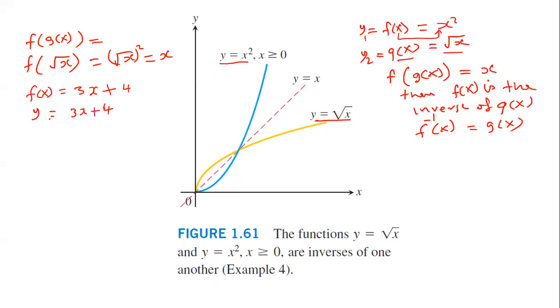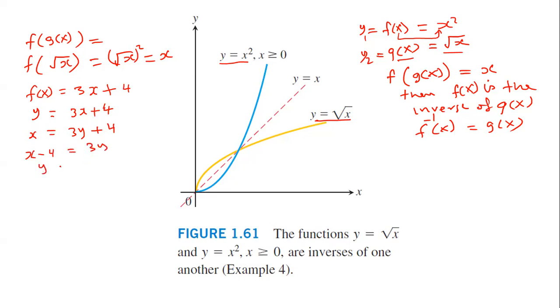And then what we do is we replace x by y and y by x. So this will be x equal to 3y plus 4. And then we solve for y. To solve for y, we will have x minus 4 equal to 3y.